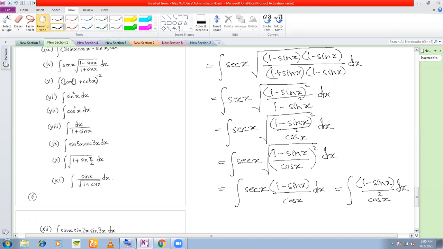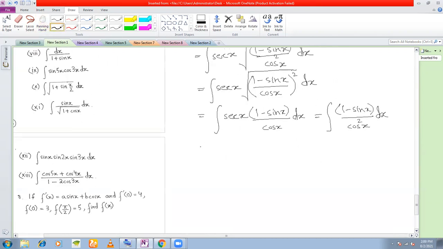dx. Now you can separate integral 1 by cos square x minus sin x by cos square x dx.